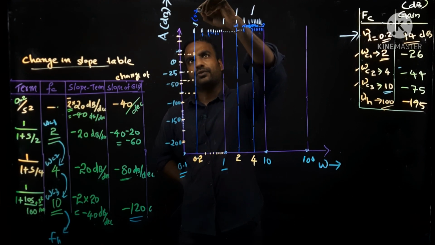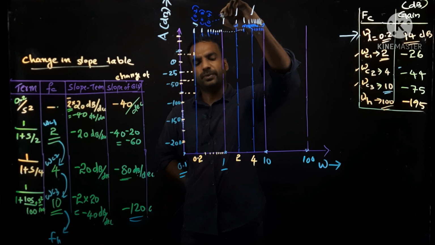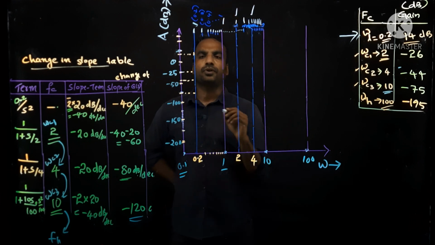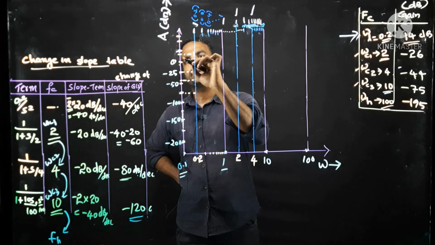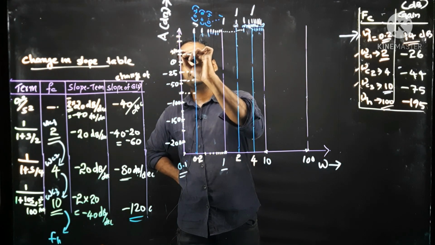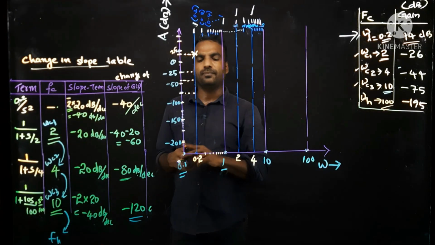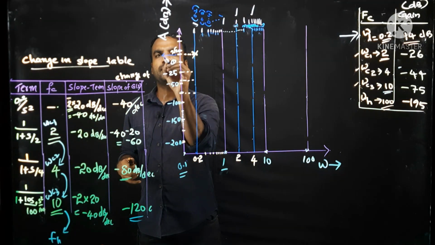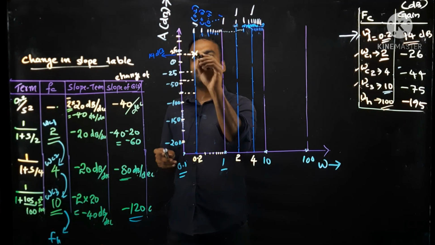Second division will be 0.3, third division will be 0.4, like that this will be 1. So, this is 0.2 and at 0.2 the value is 14 dB. 14 dB, this is 25, so 14 will lie in between these. So, this is the first point and this value will be 14 dB. So, the first point is obtained.